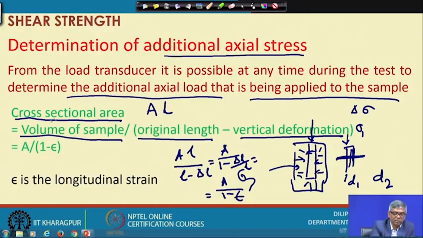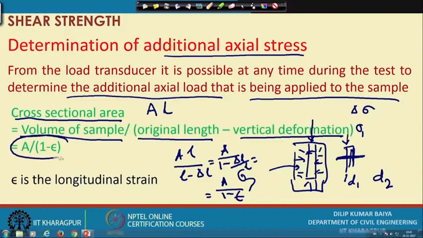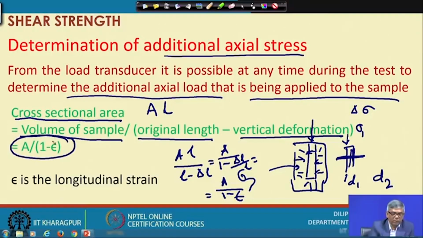So the cross sectional area at loading condition will be A by 1 minus epsilon. Okay, epsilon is the longitudinal strain.